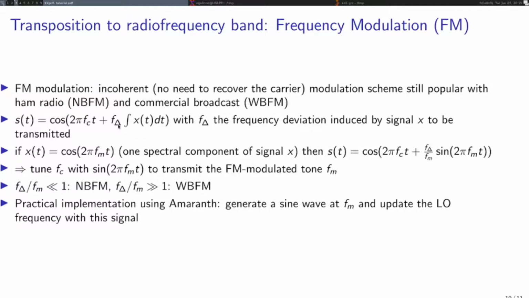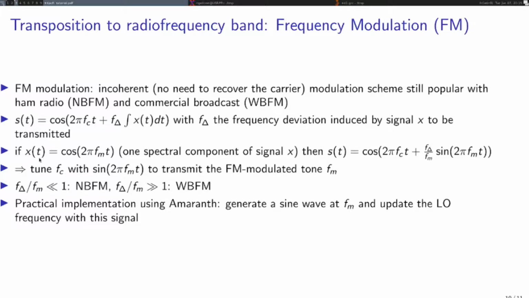F delta will define, with respect to the highest frequency of x, whether we have wideband FM or narrowband FM, so that defines the correction bandwidth of the PLL. If the excursion is much smaller than the maximum frequency of a signal, then we've got narrowband FM as classically used by ham radio. If we have the excursion much bigger than the highest frequency component, we have wideband FM as used by commercial broadcast frequency modulated communication.